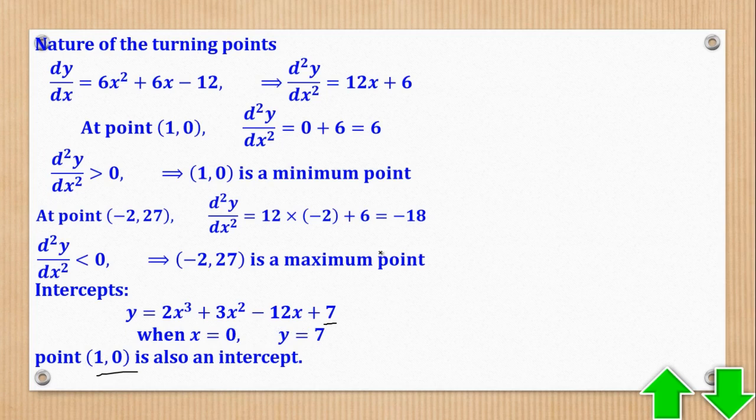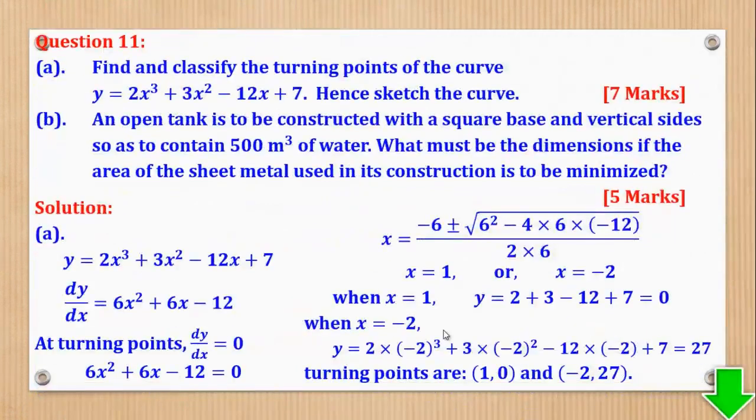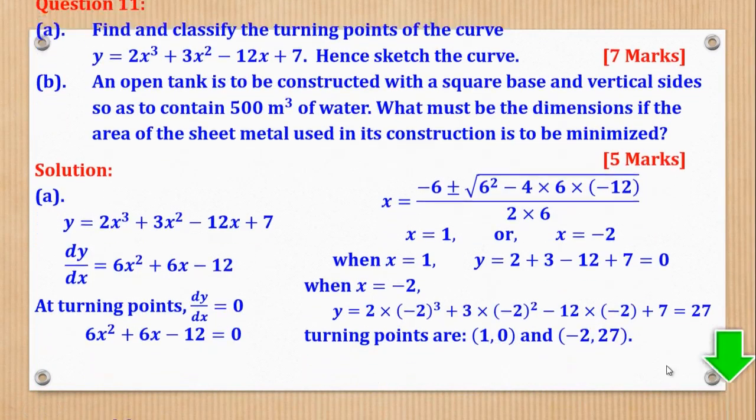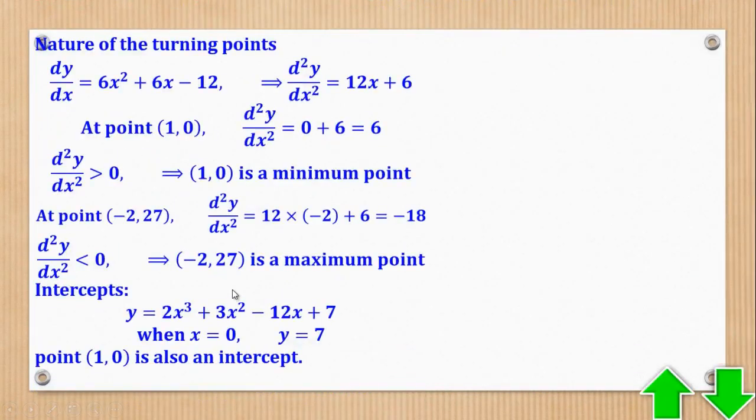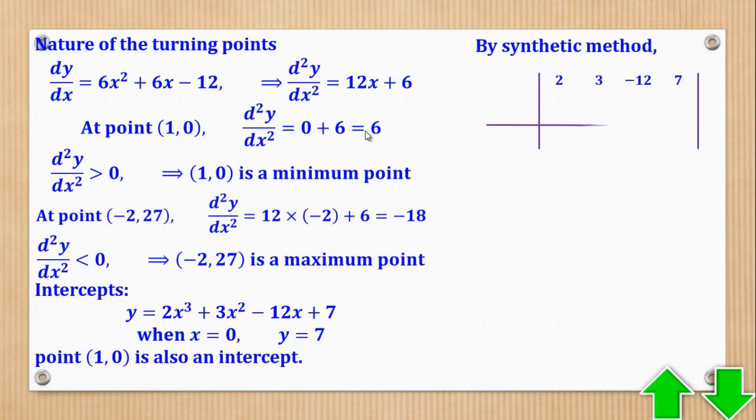But we also know from the previous slide, if you go back here, we got (1, 0), meaning that it's also an intercept. Now, because it is an intercept, it means we have already got one root. Therefore, by the synthetic method, we shall be able to factorize our cubic equation.